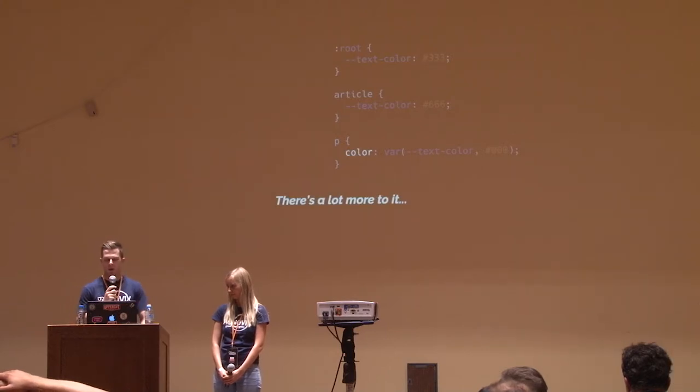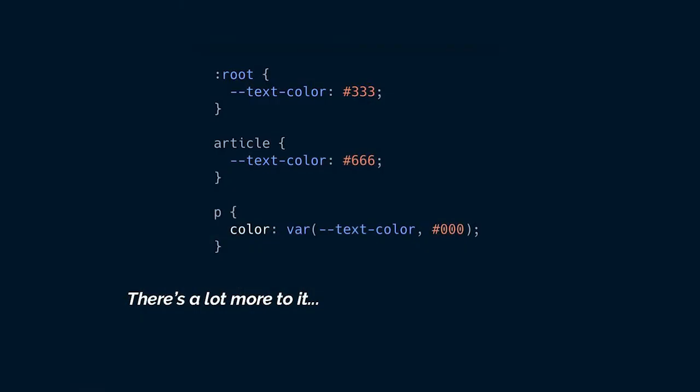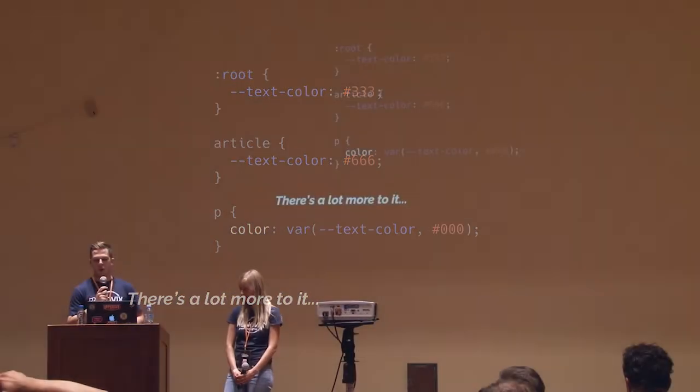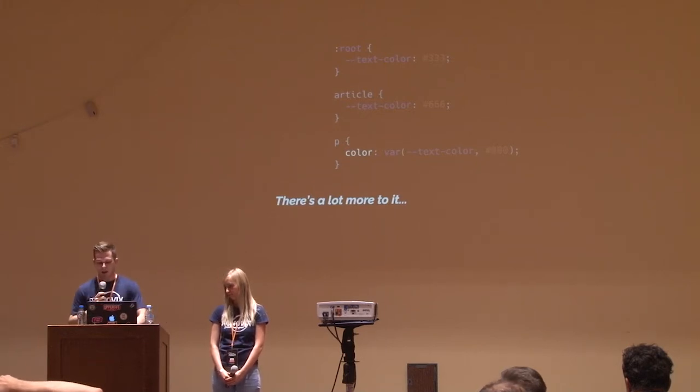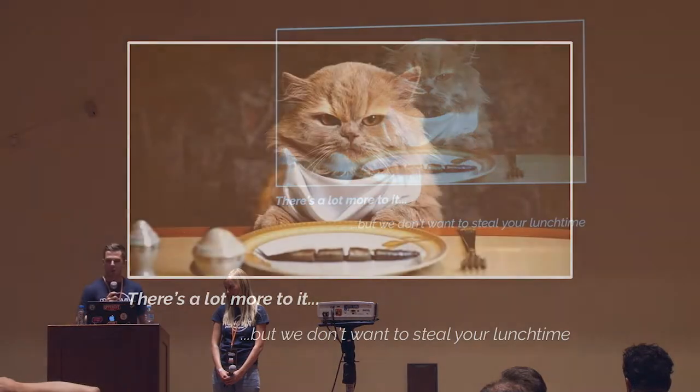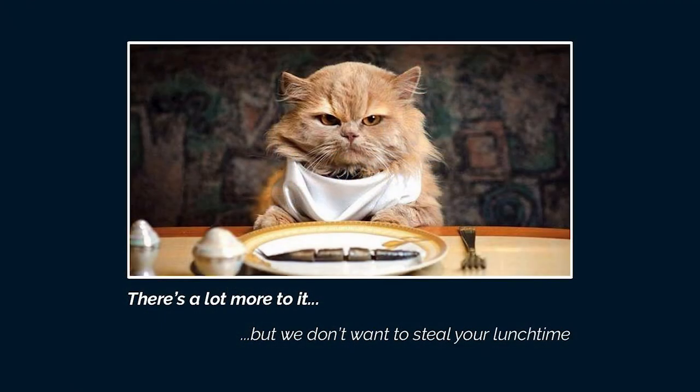And of course, there's a lot more to CSS custom properties. For example, you can use another CSS custom property as the fallback value of a CSS custom property, and you can chain this infinitely, or you can use this scoping principle with a CSS methodology like BEM or SMACSS. But we know that lunch is soon, and we don't want to steal your lunchtime.